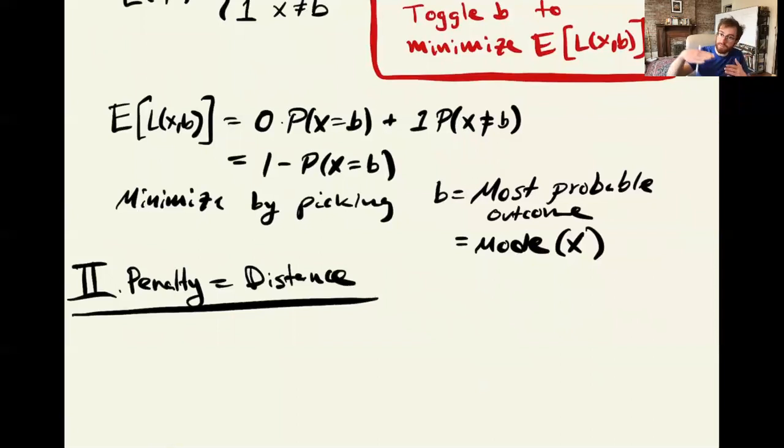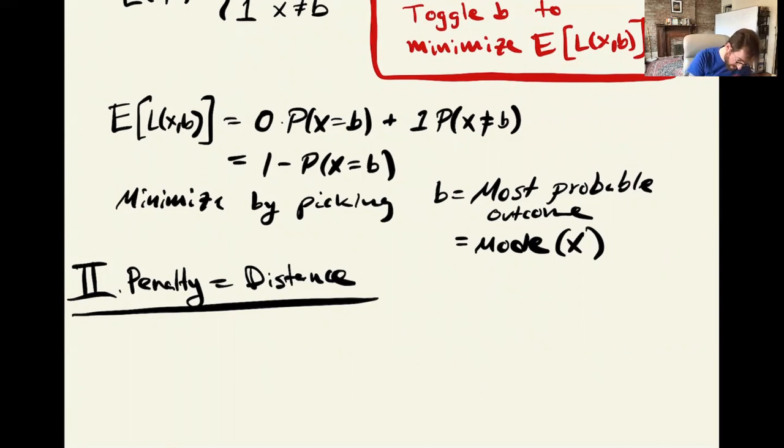Again, the idea is you're going to predict a value B. X is going to produce some number. If that number ends up being close to your prediction, then you're only going to lose a little bit of money. Which again, if we're maybe viewing this as subtracting from absolute winnings, you're going to win a lot more money. But if the actual value is way off, then you're going to win less.